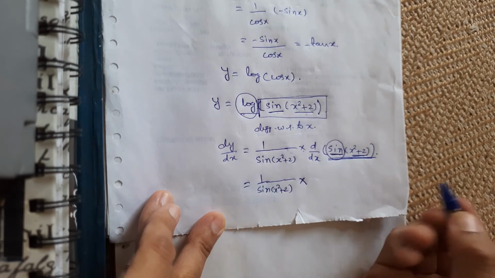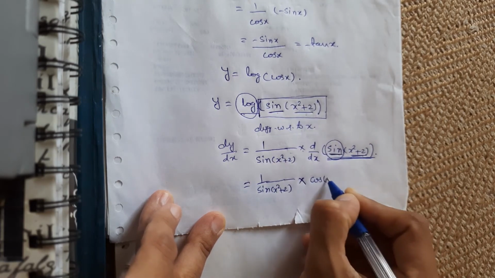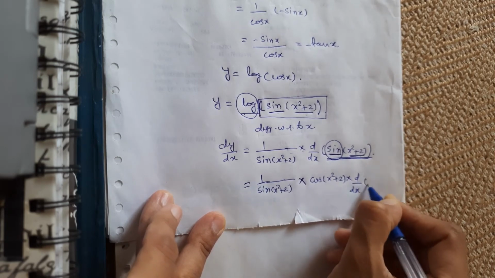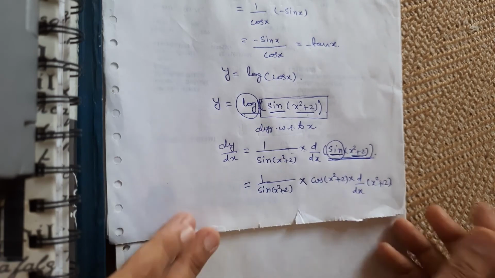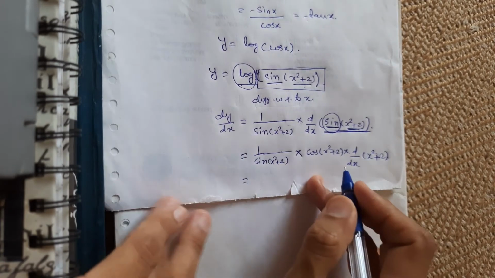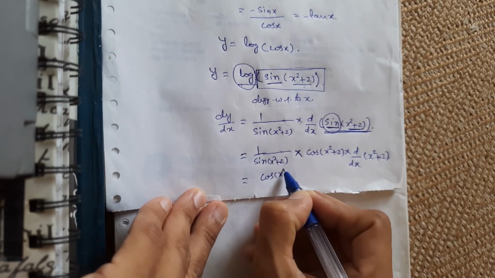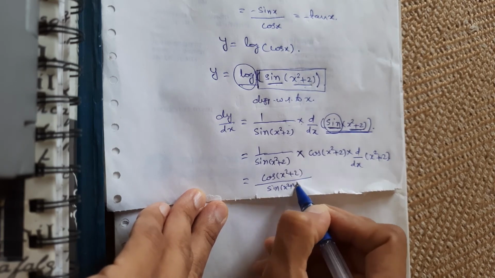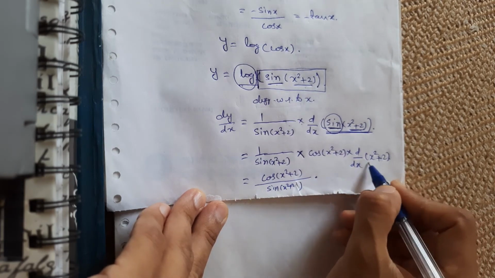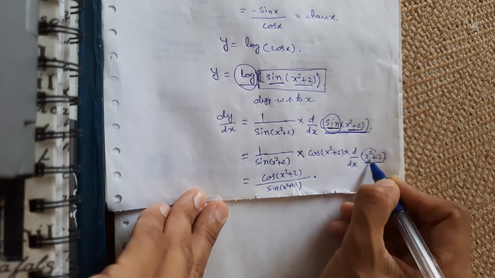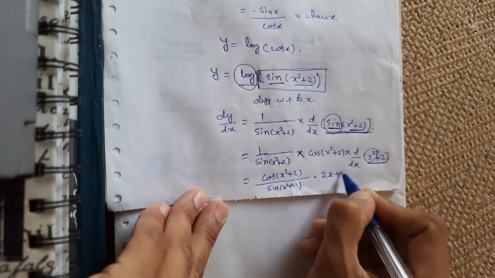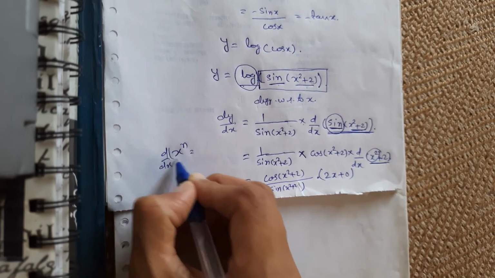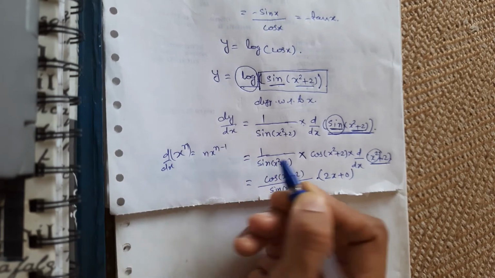It is cos x. So I will write cos of x square plus 2 into the derivative of the inner function x square plus 2. So simply I get cos of x square plus 2 upon sin of x square plus 2 into the derivative of x square plus 2. The derivative of x square is 2x plus 0. The derivative of x to the power n is n into x to the power n minus 1.